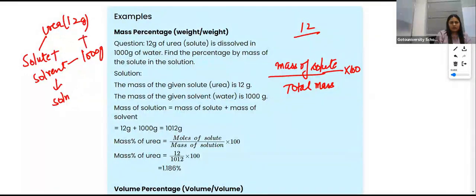If we add them, it becomes 1012 gram. That is the total mass. By multiplying by 100, we get the mass percentage, that is weight by weight, or mass by mass of a solution. So I hope you can do the example for mass percentage very easily, right?